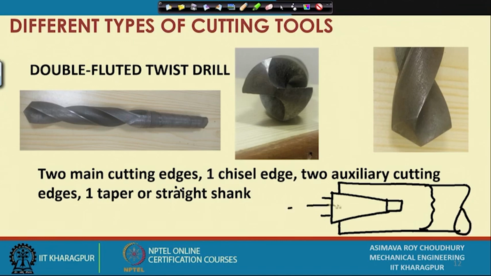Okay. So, this is the axis line. This is how a drill can rotate in an exactly coaxial manner with the axis of rotation.